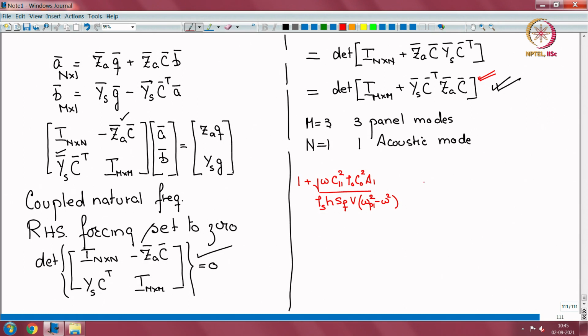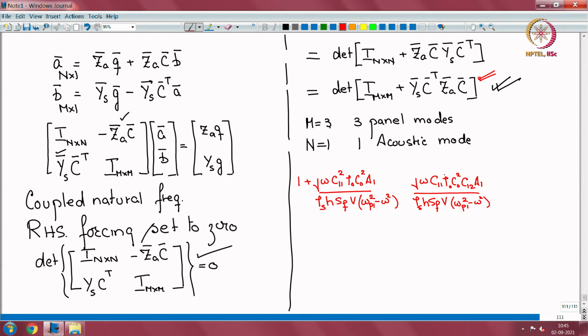Okay. The 1 2 term in the matrix will be j omega C11 rho 0 C0 squared into C12 into A1 divided by again rho S H S F V, omega P1 square minus omega square.